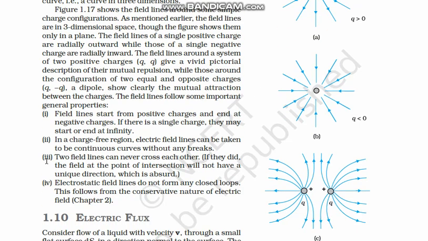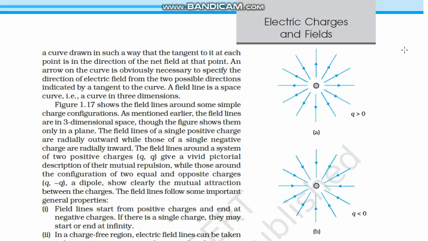Now the second property: in a charge free region, that means there is no charge, electric field lines can be taken to be continuous curves without any breaks. See, if there is no other charge, these lines can go up to infinity without any breakage. Like here there is no breakage. See, this is a break, but do you see any break in these lines?